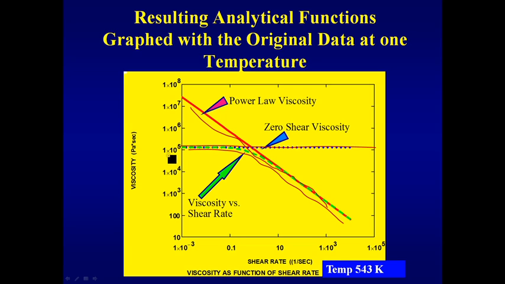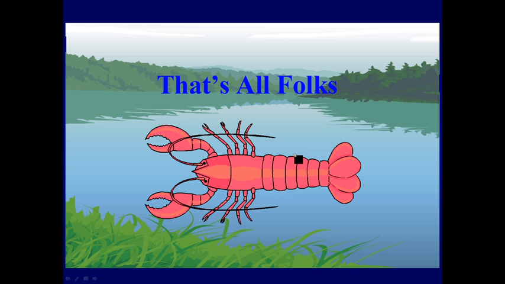And in simulations, what I do is I calculate both of them, and the one that I use is always the one that is smallest, because you'll notice that during the Newtonian region, the Newtonian viscosity is smaller than the power law, and in the power law region, the power law viscosity is always lower than the Newtonian viscosity.